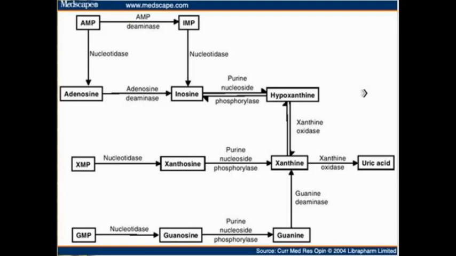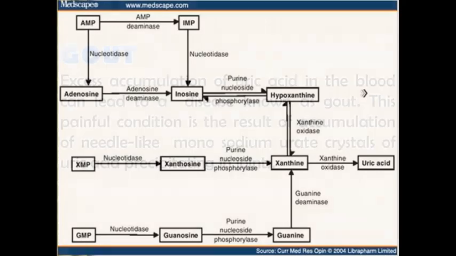And again, GMP with the help of nucleotidase forms guanosine, which with the help of purine nucleoside phosphorylase forms guanine, and this also forms xanthine with the help of guanine deaminase. Now all this xanthine forms uric acid when it is combined with xanthine oxidase.